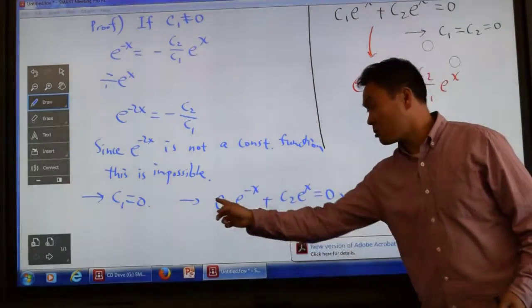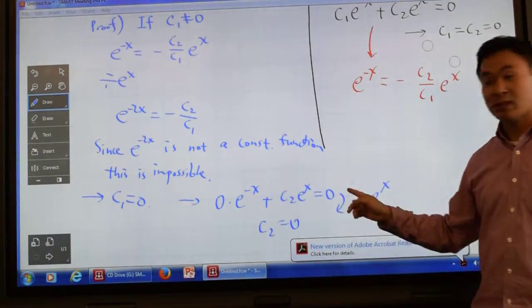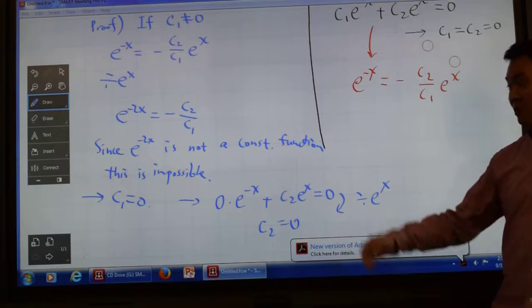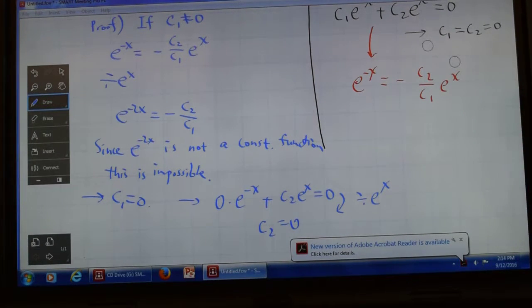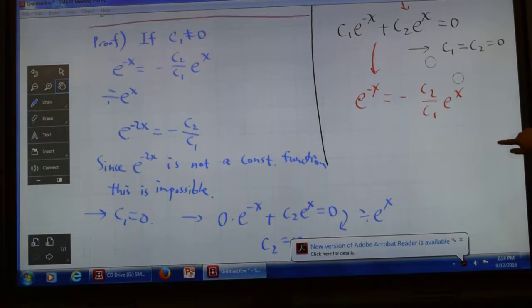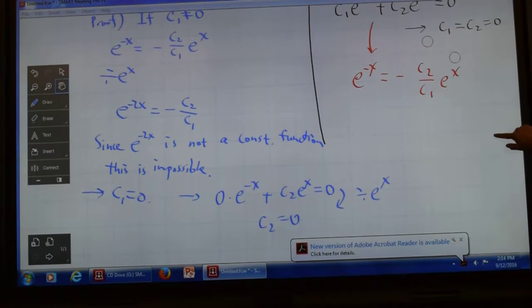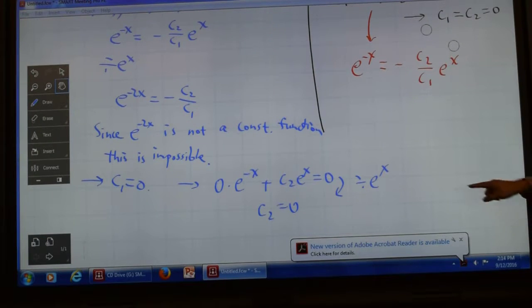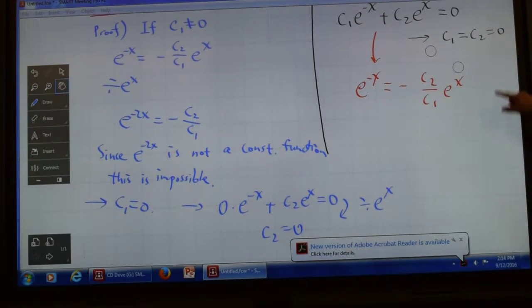Because this is gone, 0 times anything is 0. If I divide both sides by e to the x, I force C2 to be 0. So I just proved that if this is true, then C1 and C2 both have to be 0. And therefore, the two functions above are linearly independent.